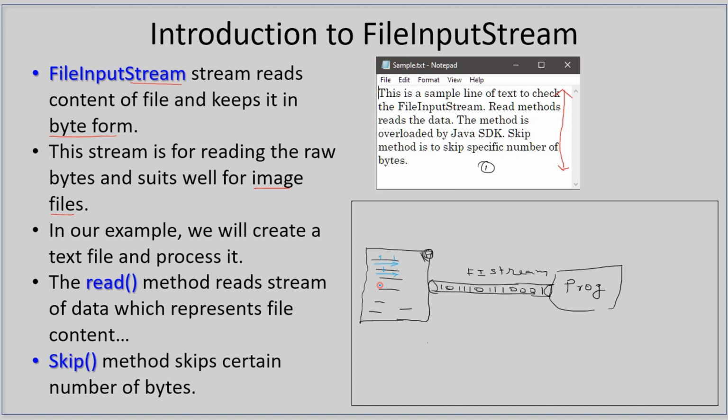Let's say the scanning is going on like this, then you can use the skip method to skip a certain number of bytes, and after that you can start reading the content. So that's the use of a skip method. It asks you to tell how many bytes it needs to skip.